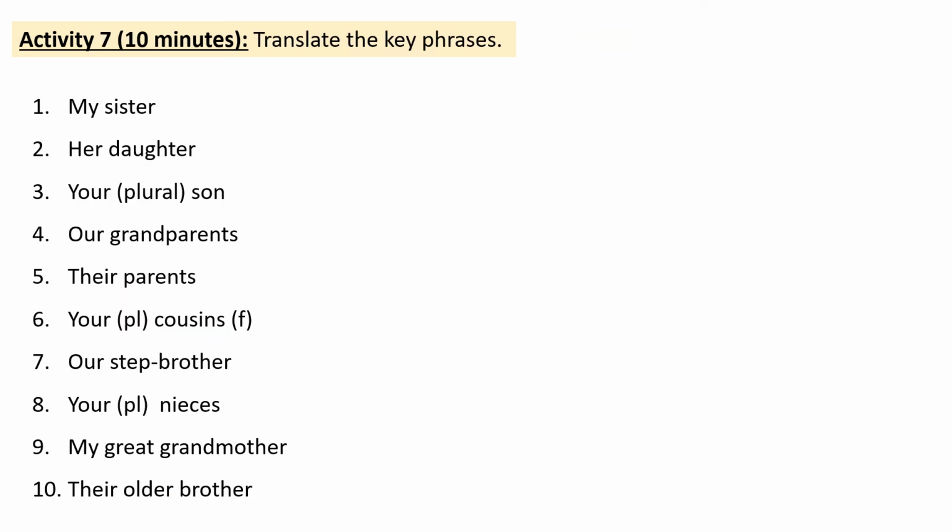Okay, chicos, so now what I'd like you to do is put everything we've done today into practice. First of all, our extended family members that we've now practiced the vocabulary for, and also our possessive adjectives. And I would like you to translate these key phrases. You've got 10 to do. So when you're doing them, you need to really pay attention to the table that you've got copied into your book.